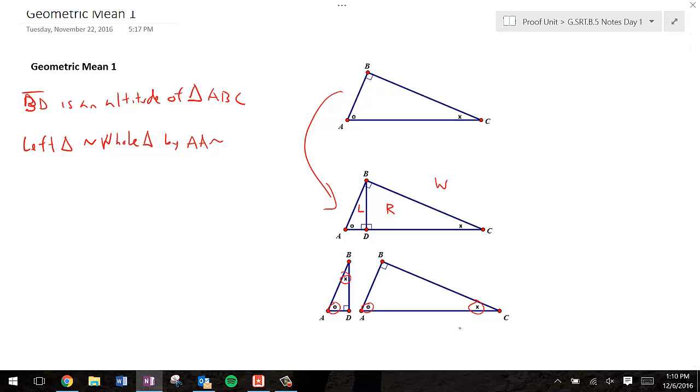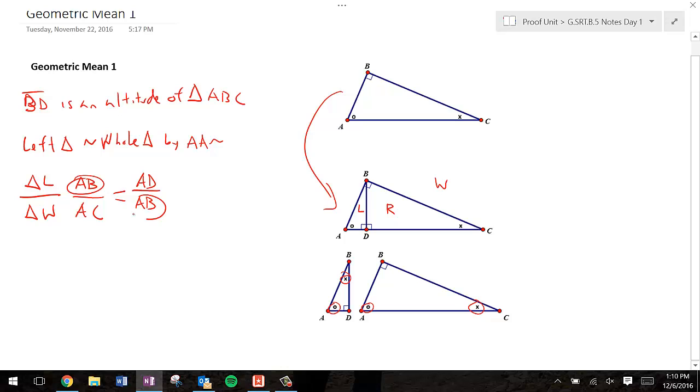That allows us to say the following proportion: the left triangle over the whole triangle gives me AB, which is our hypotenuse, over AC, which is my hypotenuse, and that is equal to AD, which is my short leg, over my short leg, which is AB.